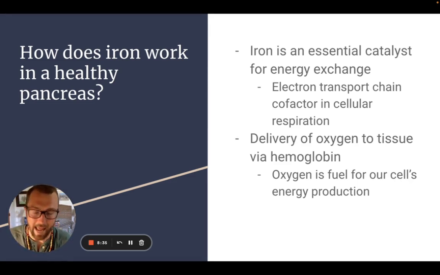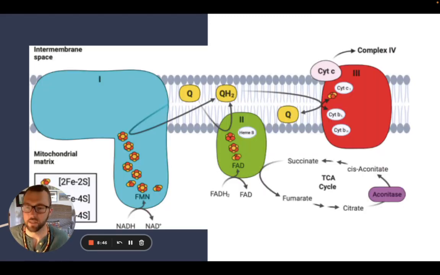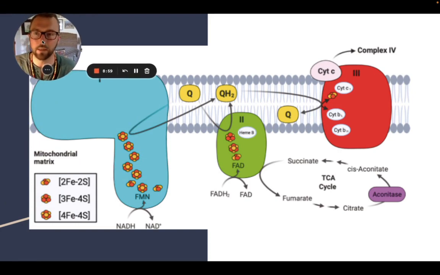This is not an anti-iron campaign. This is restoring balance so that iron can be used the way it's supposed to. Now, this is just a diagram showing you visually how iron is supposed to be used in the cell. I do not expect anyone, including myself, to completely understand the ins and outs of how the electron transport chain works in cellular respiration.